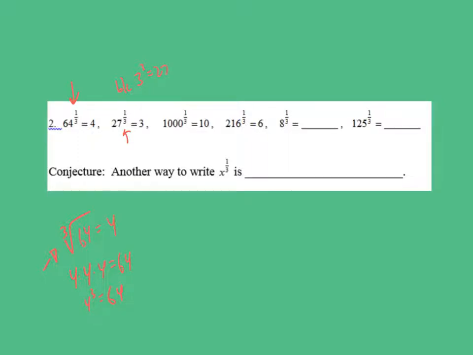The cube root of 1,000 is 10. The cube root of 216 is 6. The cube root of 8 is 2, because 2 times 2 times 2 is 8. And the cube root of 125 is 5, because 5 times 5 is 25, and 5 25s is 125. So x to the 1/3 power is just a fancy way of saying the third root of x.